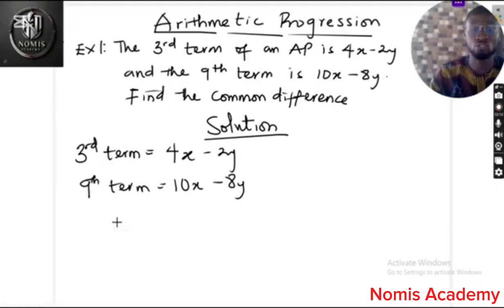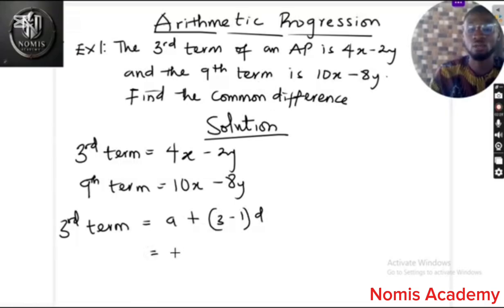So the third term is a plus, open bracket, 3 minus 1, close bracket, common difference, and that becomes a plus 2d. So a plus 2d, which is the third term, is giving us 4x minus 2y.